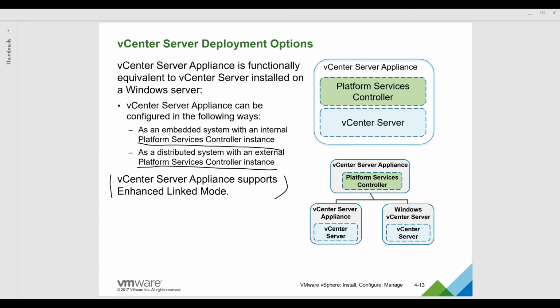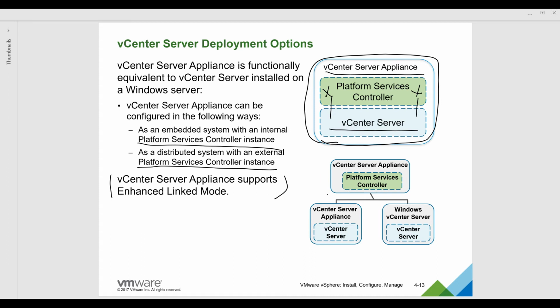The vCenter Server with an embedded platform services controller basically has all the services bundled with the platform services controller, which is here. So just know all the services are bundled or deployed on the same host machine as the vCenter Server. As you see right here, platform services controller is hosted on the same machine as the vCenter Server appliance.